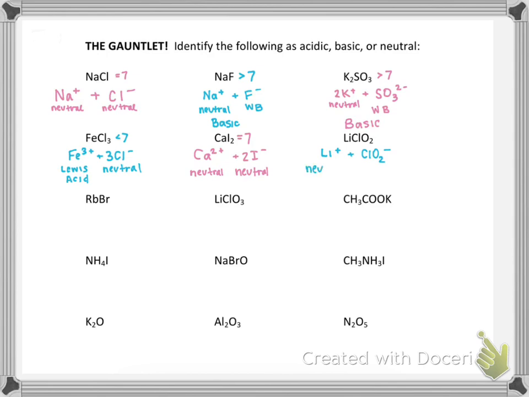So the lithium ions are going to be neutral. And this chlorite ion would have come from HClO2, which is a weak acid. So this is going to be a weak base. And this salt will be overall basic. And our pH will end up being greater than 7.